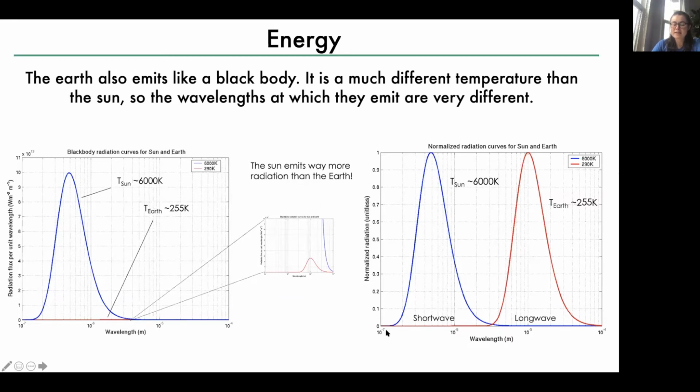We can see that when they're normalized, their wavelengths of maximum intensity are totally different, and their black body radiation curves barely overlap at all. That'll be important later on: the sun emits over here at shorter wavelengths, and the Earth emits over here at longer wavelengths, because it's a lower temperature than the sun.